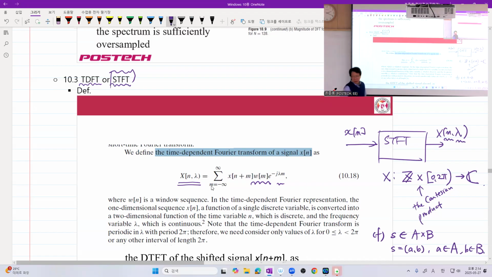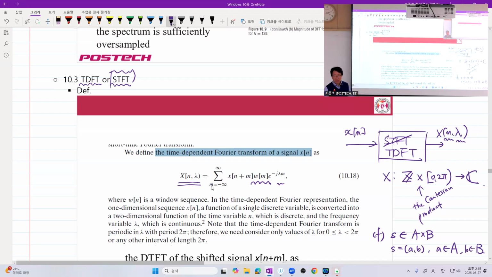In that sense, people love to call it the time-dependent Fourier transform rather than the short-time Fourier transform. The short-time Fourier transform is often referred to as the sampled version of the time-dependent Fourier transform, but it's not that strict. Some people just call this transform itself the short-time Fourier transform.